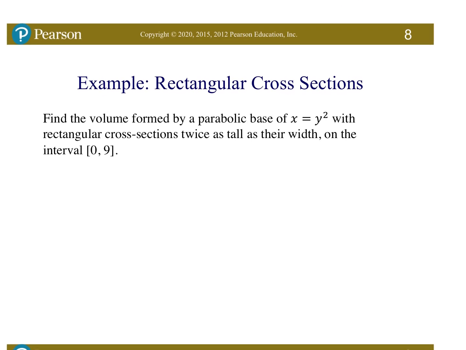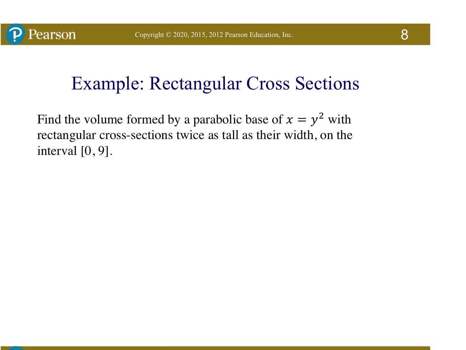Okay, I'm giving you the same base to work with. Find the volume formed by the same parabolic base, but now you're doing rectangular cross sections. Okay, so same shape, so let's draw that.